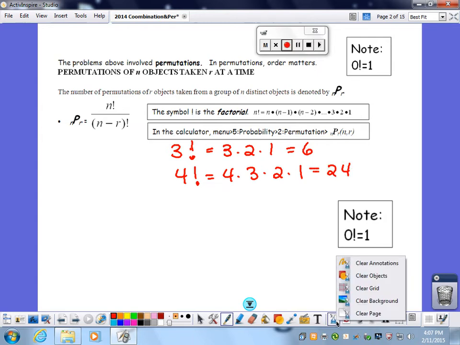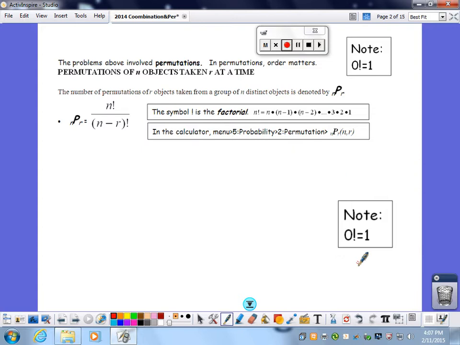Alright, so let's look at the formula for a permutation. In our example, we had 3 people, 3 objects, and we want to place all 3 of them. So a permutation of 3, pick 3, or 3 permutation 3. The bigger number goes on top. I know these numbers are equal because we're taking all of them, but your n can never be smaller than your r.